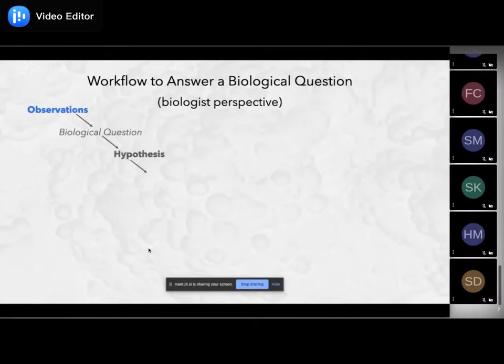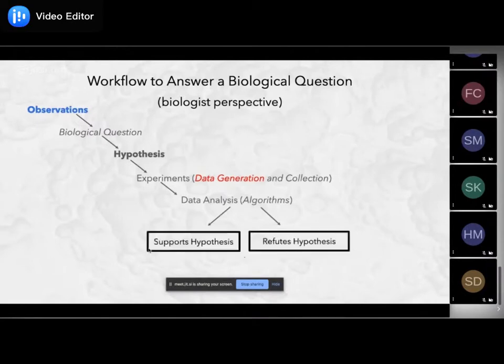The observation gives rise to a question that can be definitively answered using data generated in an experiment. This hypothesis can be confirmed or refuted after you analyze the data, and you come to a conclusion whether you want to support or refute the hypothesis. So the collection of results is knowledge.